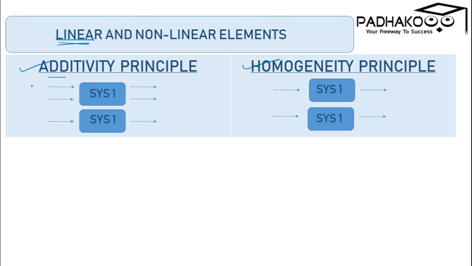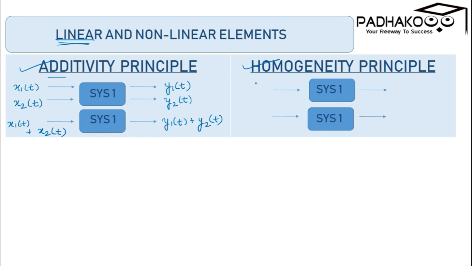It states that if input x1(t) gives output y1(t), and another input x2(t) to the same system gives output y2(t), then if I provide x1(t) plus x2(t) as input to the system, the output I will get is y1(t) plus y2(t).